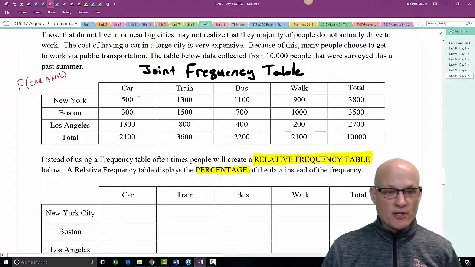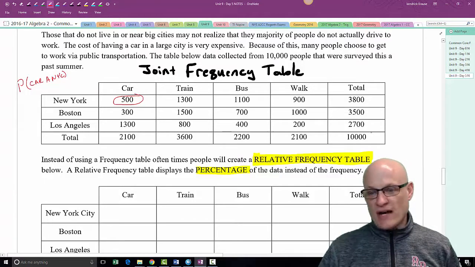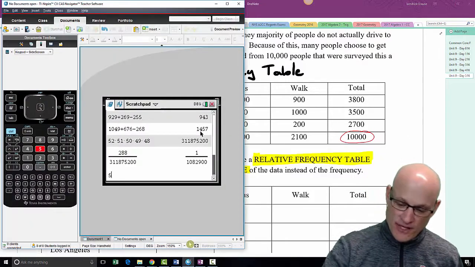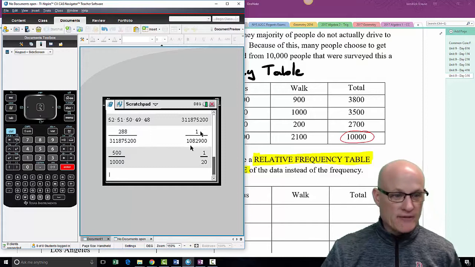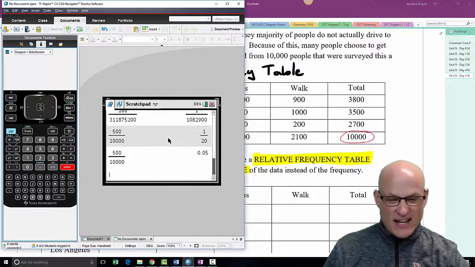Well, car in New York is this 500 people. 500 out of what? Oh, it's 500 out of 10,000. Well, I go to my calculator and I go, okay, 500 divided by 10,000, and I get 0.05. That's 5%.